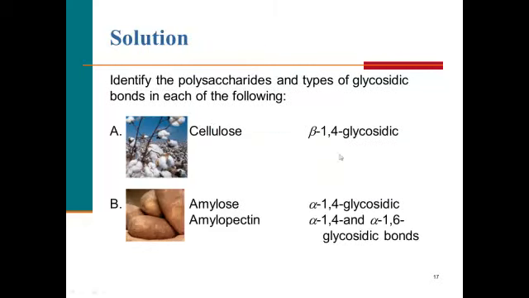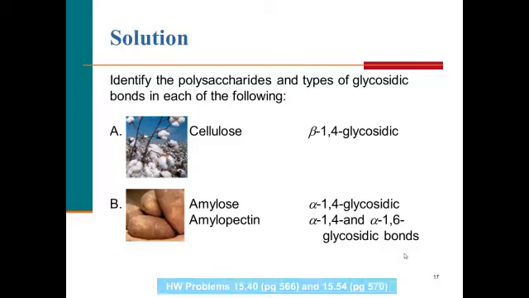So cellulose is a beta 1 to 4 glycosidic linkage, and amylose and amylopectin are alpha anomers of carbon. Amylose is the unbranched version with alpha 1 to 4 glycosidic bonds, whereas amylopectin has the alpha 1 to 4 glycosidic bonds for the long chains, and then the addition of alpha 1 to 6 glycosidic bonds for the branching that occurs in amylopectin.